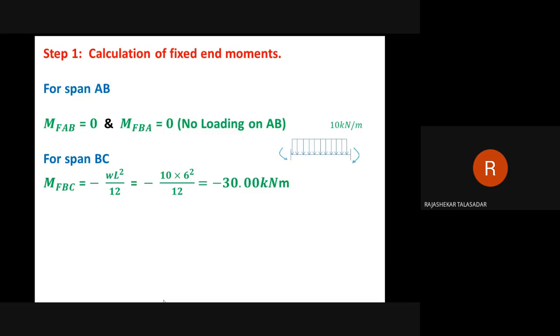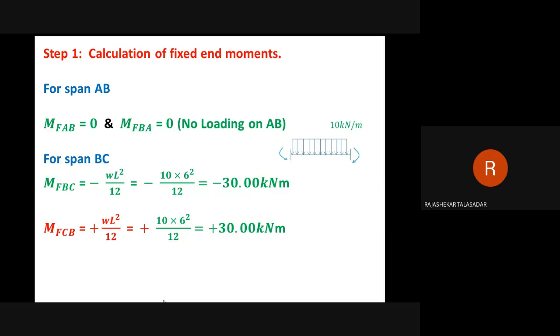It is symmetric loading, hence MFBC will be minus WL square by 12. W is 10 kilonewton per meter, span is 6 meters, so simplifying, we get minus 30 kilonewton meter. Naturally, MFCB will be plus 30 kilonewton meter. Symmetric means either end will have the same value but with the opposite sign. If the left end is minus, the right end should be plus.